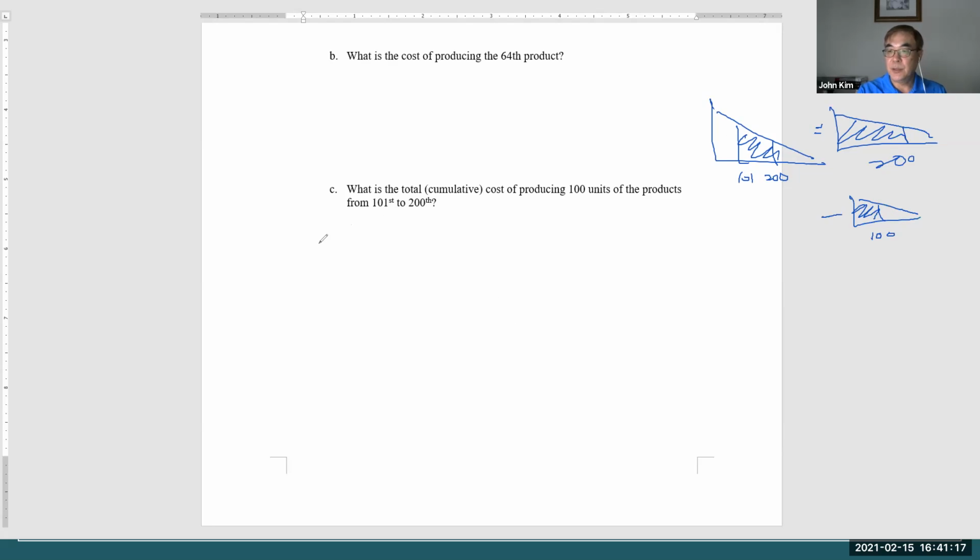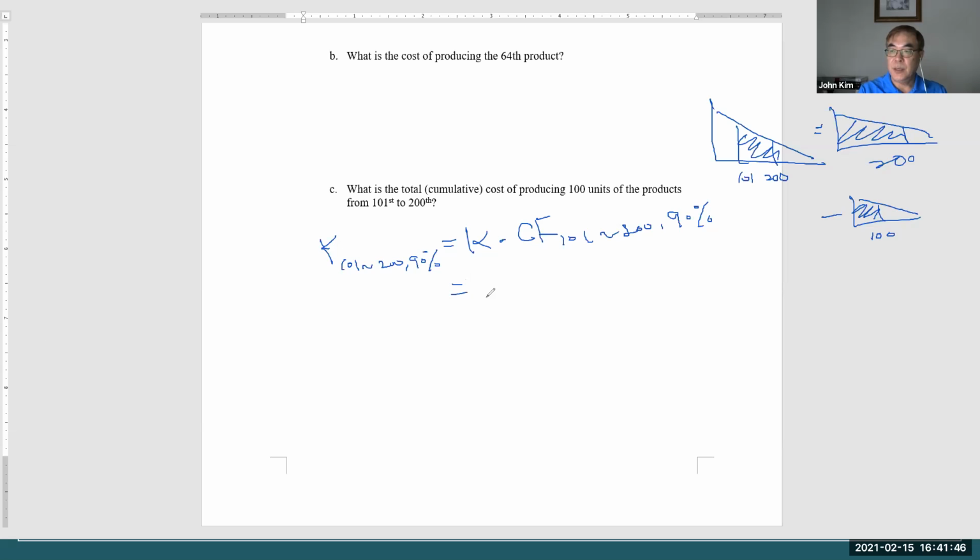So y 101 to 200 at 90% equals k times cumulative factor 101 to 200 at 90%.